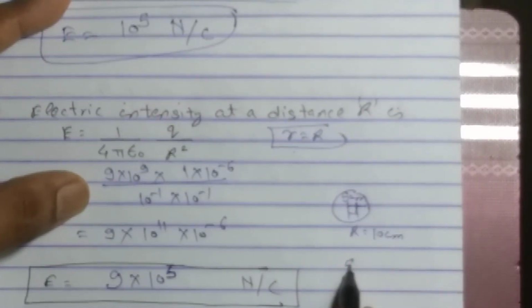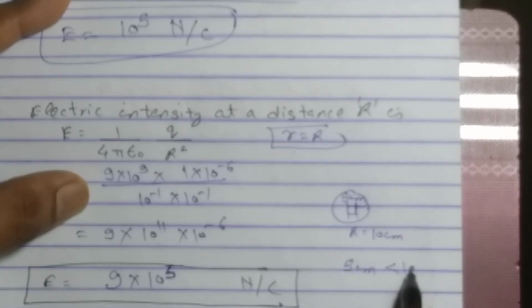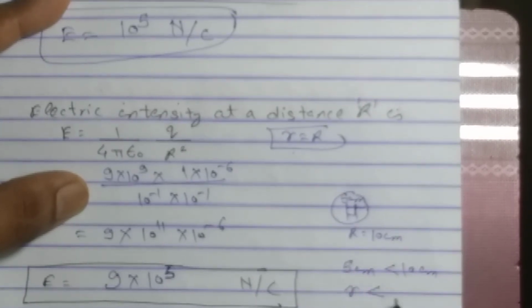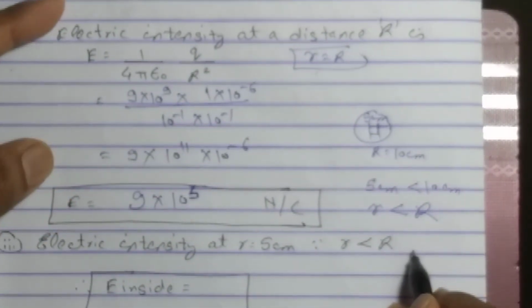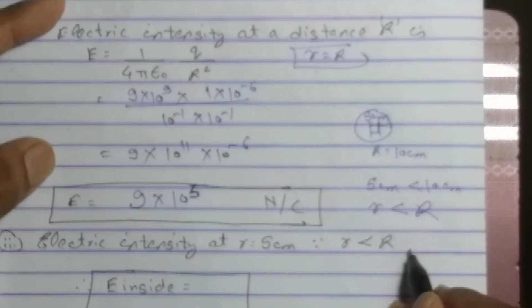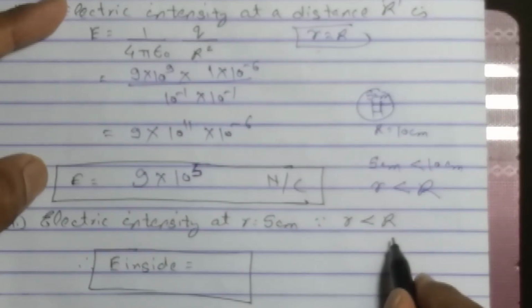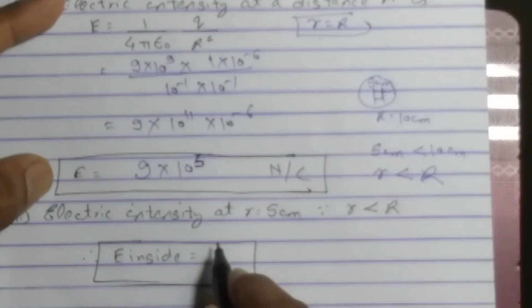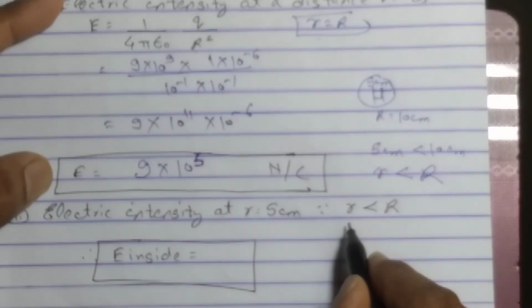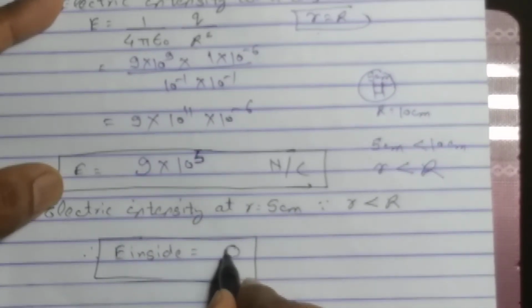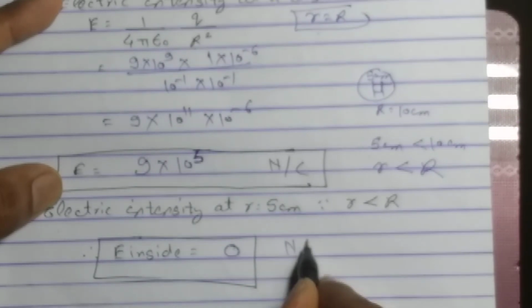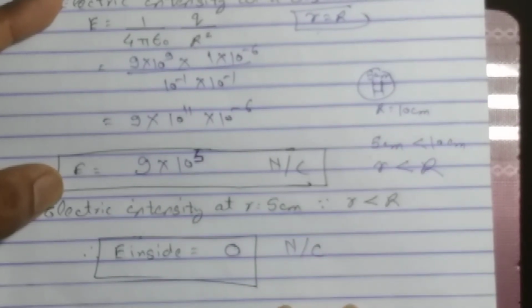So students, 5 centimeter is less than 10 centimeter. The condition given over here is that small r is less than capital R. So that means the point is inside the charged sphere, and the electric field inside the charged sphere is always 0 Newton per Coulomb. Hope you understood the numerical.